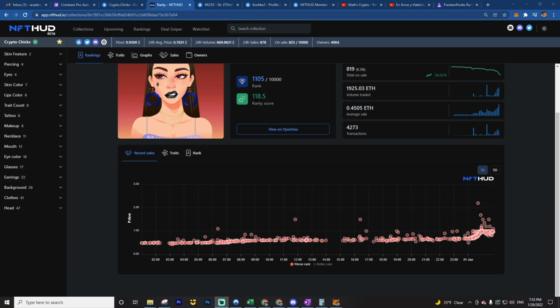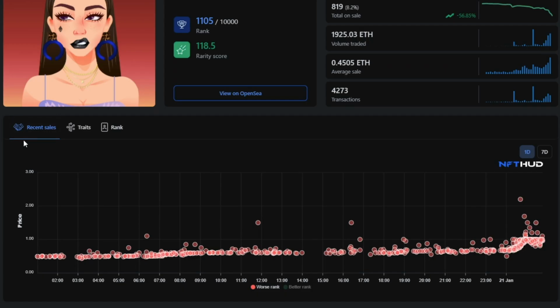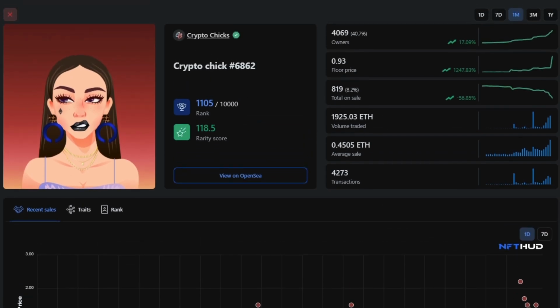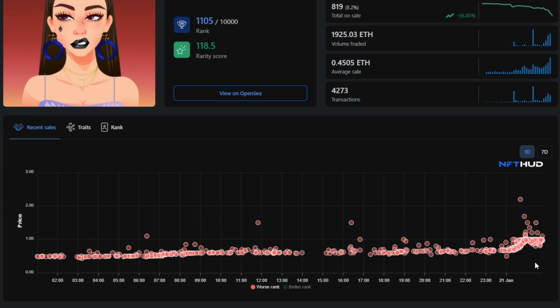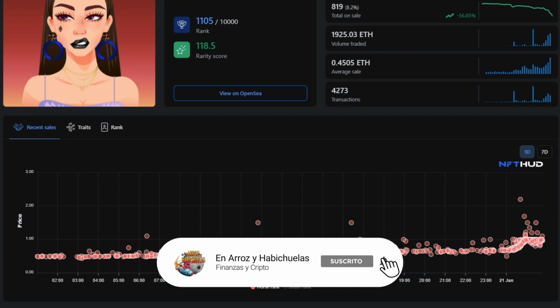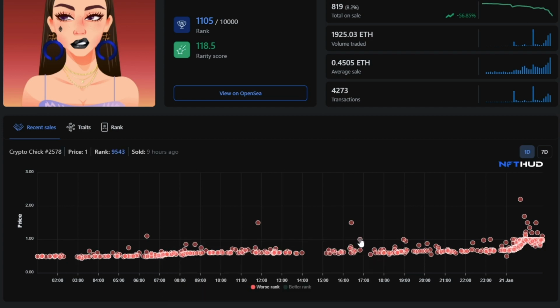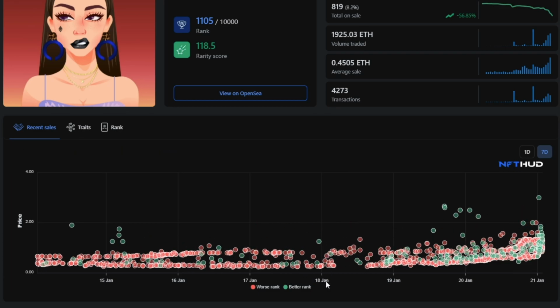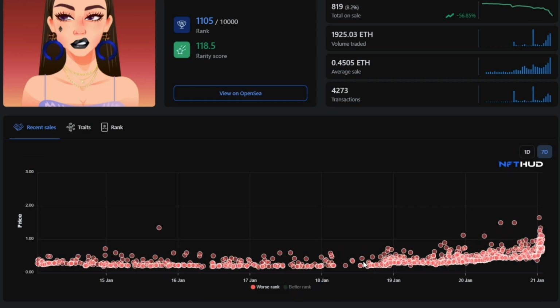Now you can see all the red dots here. Again, a line would be here, and it would show 0.4 and then what has sold in the last days. I was noticing that there were a couple of worse ranks selling at 1 Ethereum, like this one was 9 hours ago. I'm going to put it at 7 days so I can show the example. It was on the 18th that I bought it, so around here. I'm going to put worst rank only.